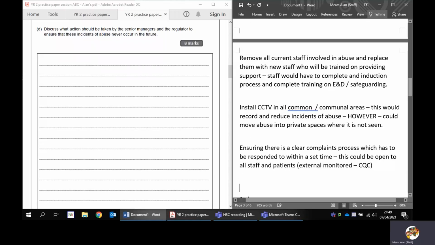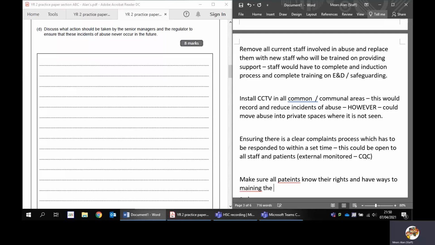Thinking about other things we could do, is maybe make sure all patients know their rights and have options or ways of making or raising concerns.